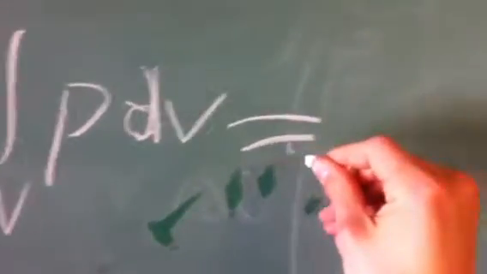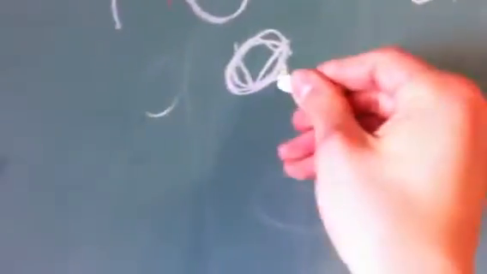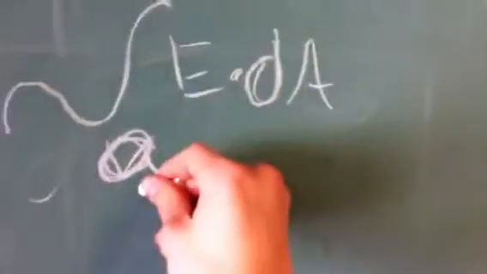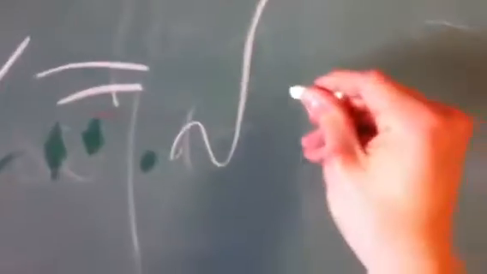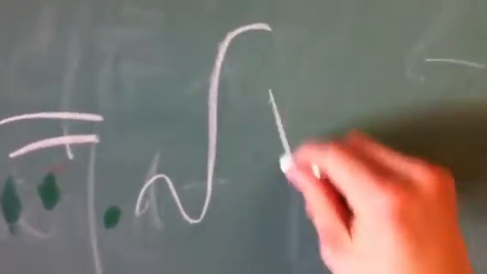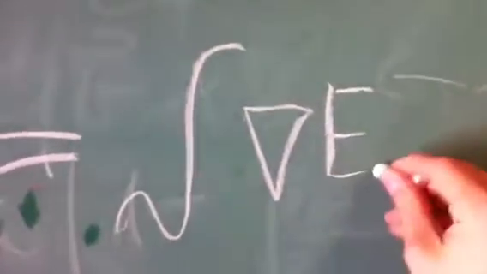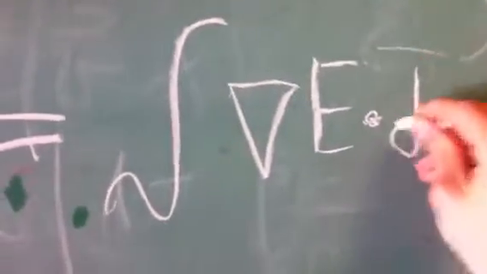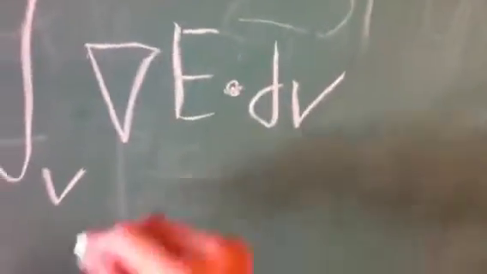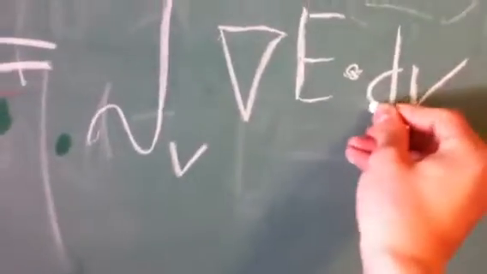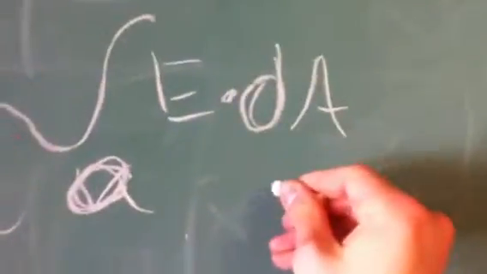And we need to do this because we initially are equating area with volume, so now we need to make some sort of change on the right side. So what we say is that the integral of the Laplace of E dot dv over the volume is equivalent to the total flux that we get just from the area.